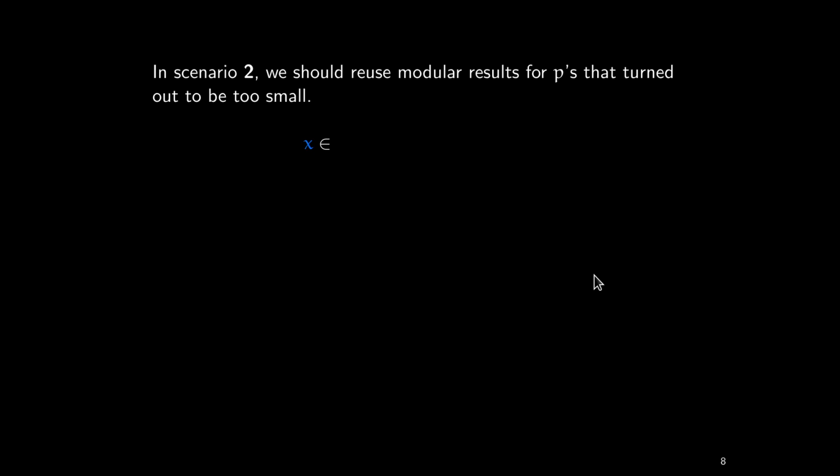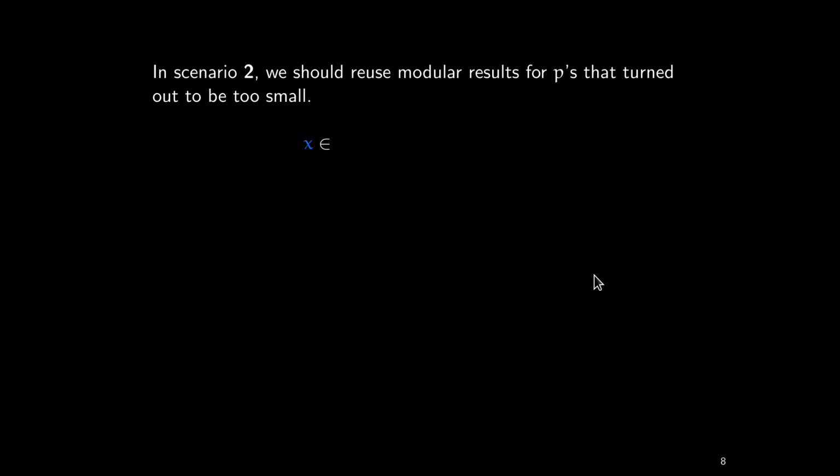You should see that in the second scenario, we are throwing away a lot of information. So we are trying a prime, we are solving the problem modulo this prime, and then we realize the prime was too small because green and blue do not match yet. So we throw away the result that we computed and try another prime. Well, that's not going to be efficient.